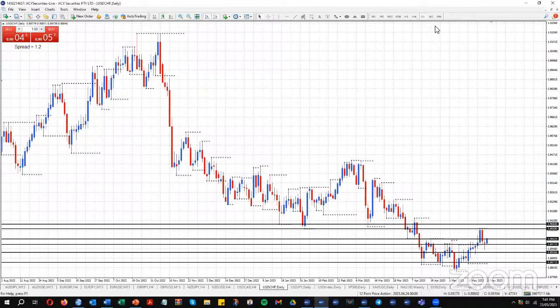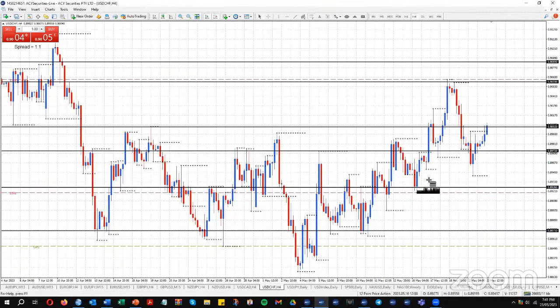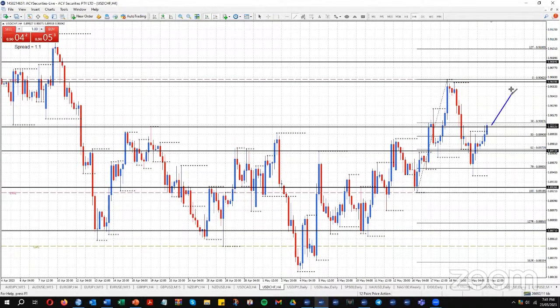You'll see that that pullback on the 4-hour chart was a 79% pullback. There it is. So I would anticipate if that day trend is going to hold now, we're going to move up to retest 90.59 where we failed last week, to maybe get up to monthly resistance at 90.84 and towards the 127 extension.